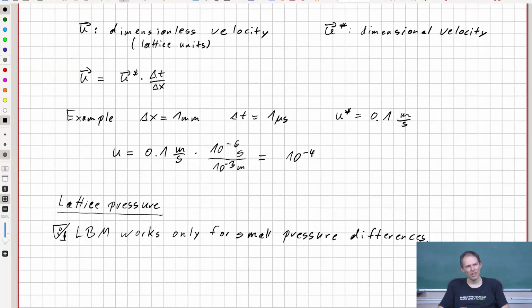Actually, not equal to the pressure, but equal to 3 times the pressure due to the speed of sound. So the assumption here is that M00, which we call rho, can be related to the pressure, or a small difference in pressure, which I call here delta P.